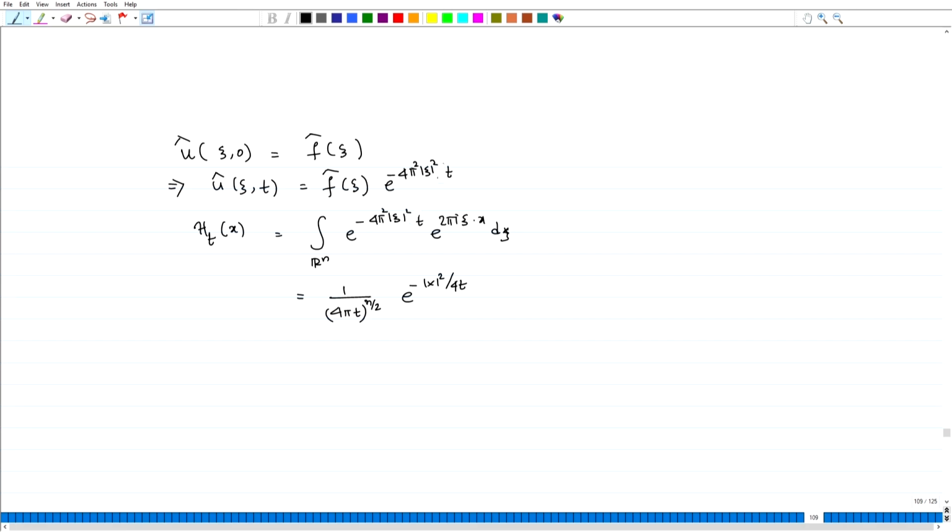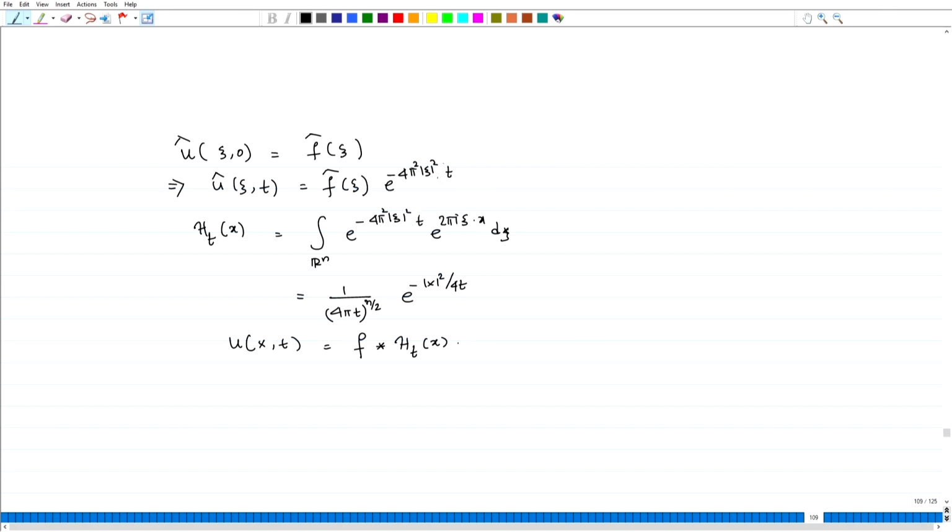So this is the usual heat kernel. This is exactly what we had got in dimension 1 and 2. So now u of x comma t is nothing but f convolution h t at x.